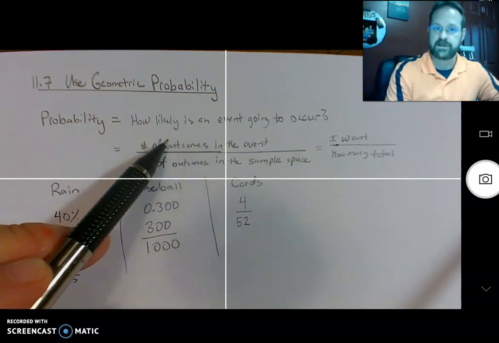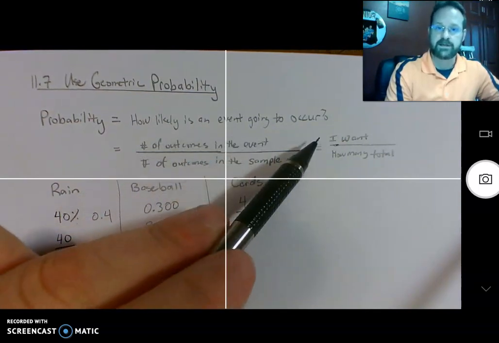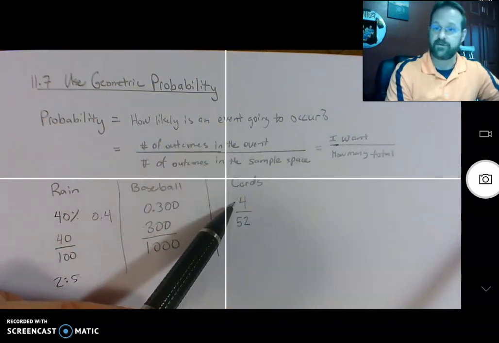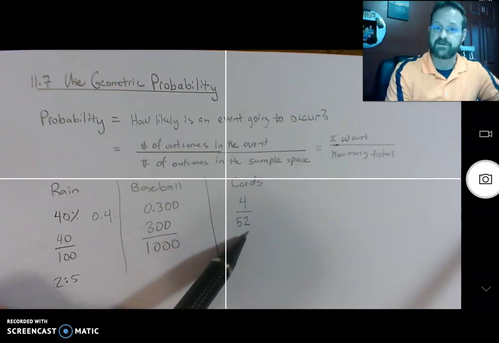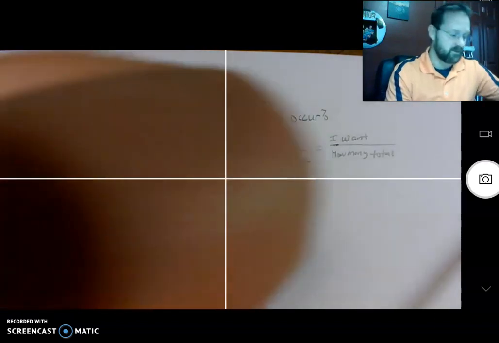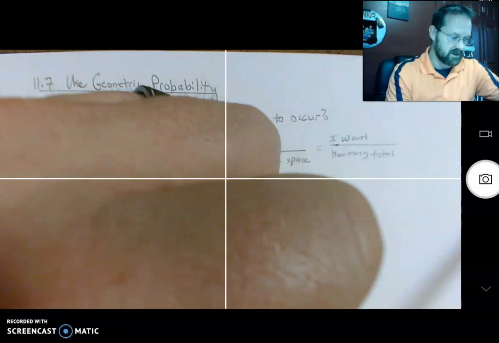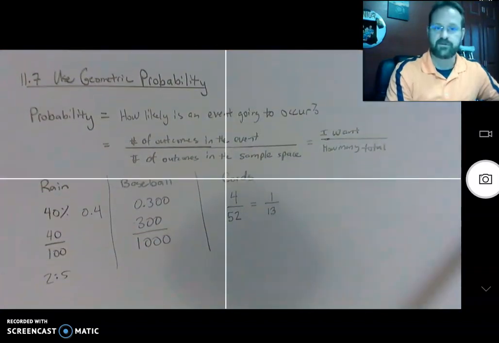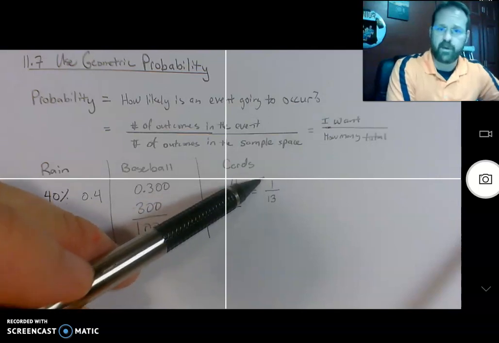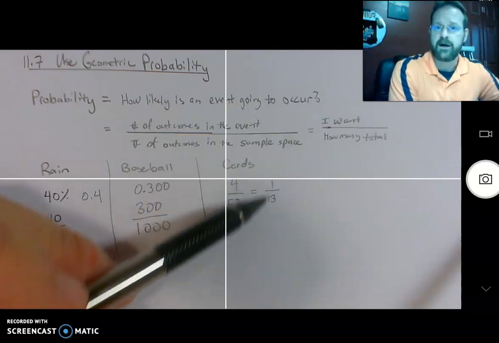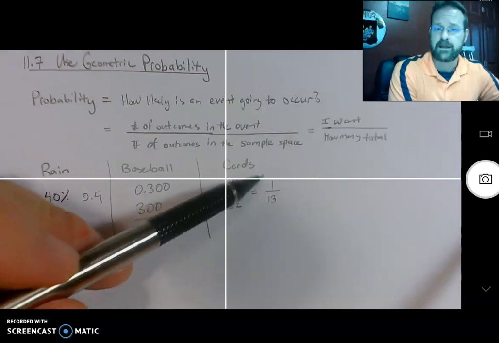So 4 is what I want, or the outcomes in the event. There are 4 outcomes in the event. The number of outcomes in the sample space is 52, the cards to choose from. Of course, we always reduce our fractions in math, so we have a 1 out of 13 chance of drawing an ace.